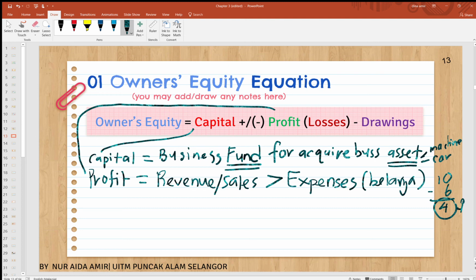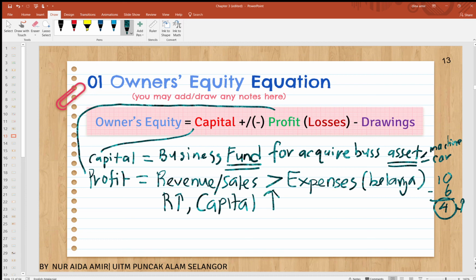Okay, next is losses. Oh yeah, before I move on to losses, I want to tell you when your revenue is increased, you also will contribute to the increasement of capital. Okay, bila duit revenue you increase, you secara tidak langsung menambahkan fund of the business.